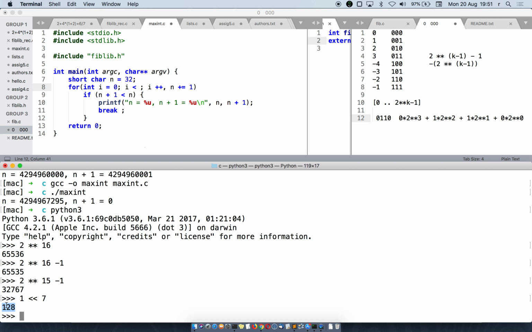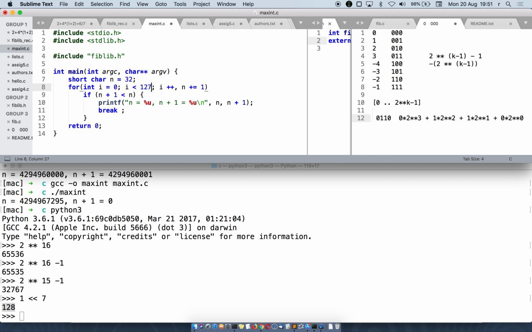is exactly higher than the largest value for 7 bits, considering the 7 bits as an unsigned number. So this should be 127. So I'm going to say here i less than 127. All right, and I'm going to continue incrementing n by 1, but actually this 127, I'm going to subtract the 32 that I had there, because we're not printing 127 numbers, we're starting from 32, and we want to finish at 37.